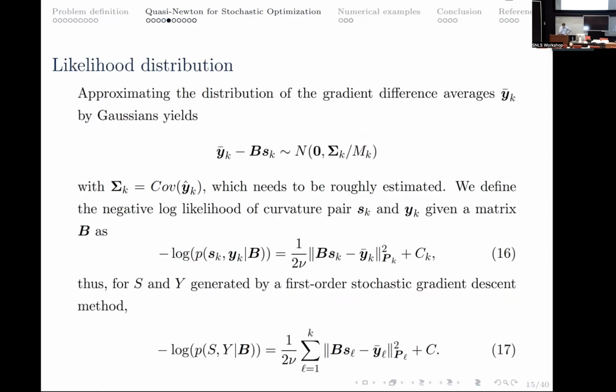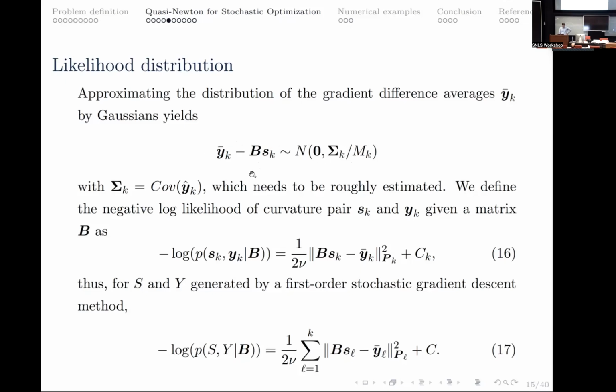Okay, now let's talk about the likelihood. This quantity here is the residue, some form of misfit of the secant equations that we have, given that we do not observe y, but we have this Monte Carlo estimate. And this is, in my opinion, the central point of our work, because here is how we incorporate the knowledge on the Hessian of the curvature pairs, the noise.